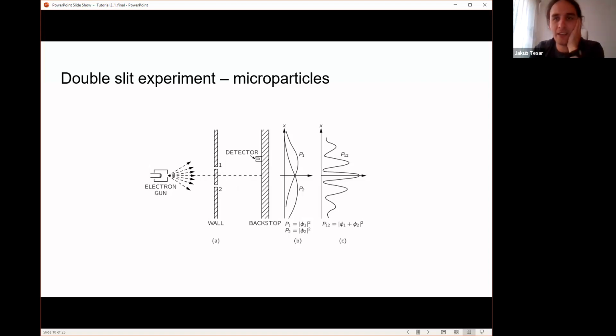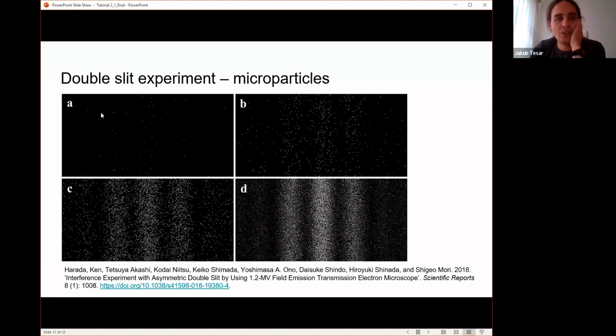If you do this, and they actually did it, you will start seeing these white dots emerging on the screen. These dots are each one hit of an electron on the screen in the experiment. If you have only a few electrons, you probably don't understand anything of what's going on. But if you keep the experiment going, to panel B, C, and D, you will see that even though you allow only one electron to enter the device at a time, the result is the interference pattern.